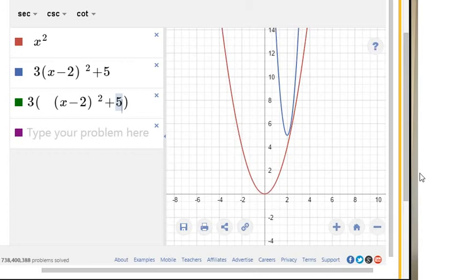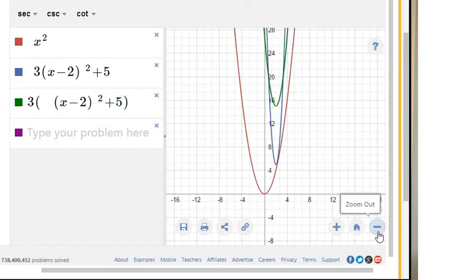Now, by doing it that way, where did the green graph go? Which one's right, the blue or the green?